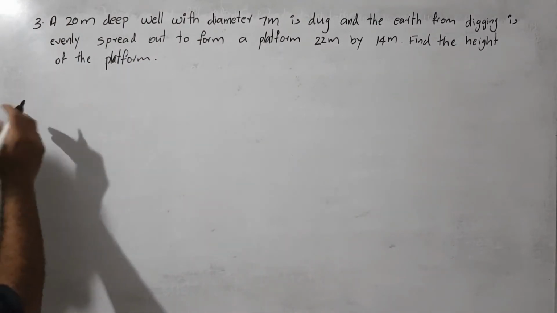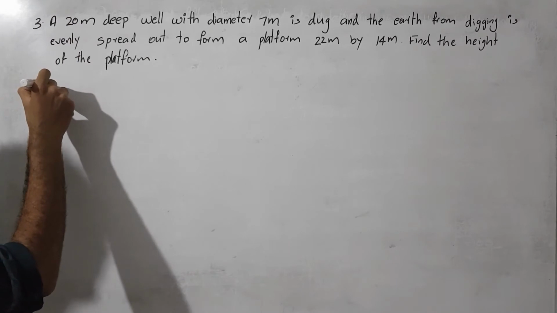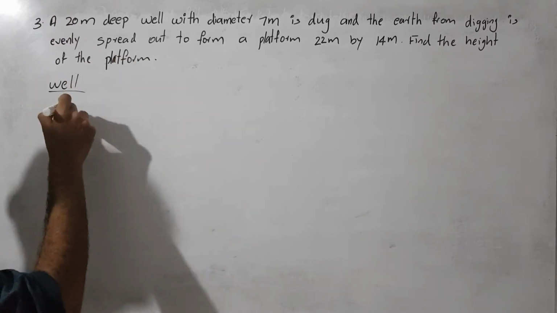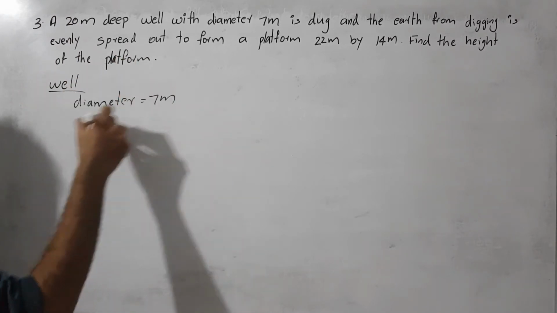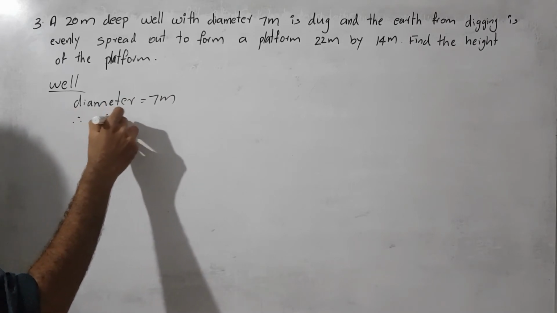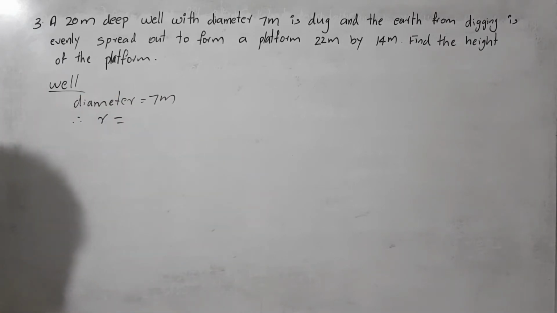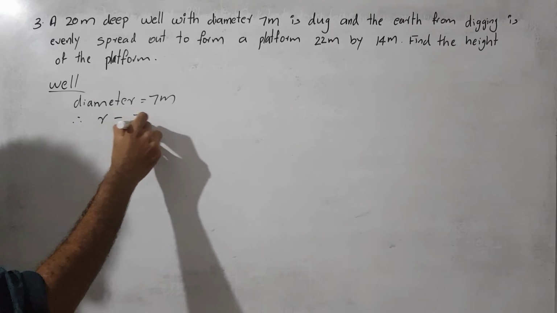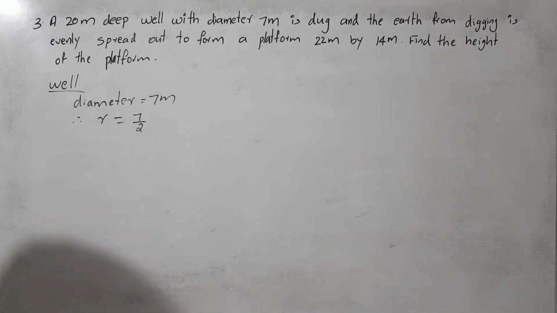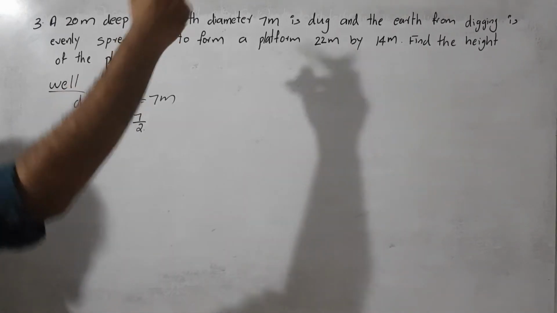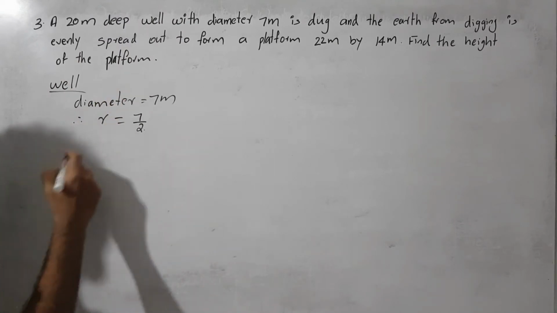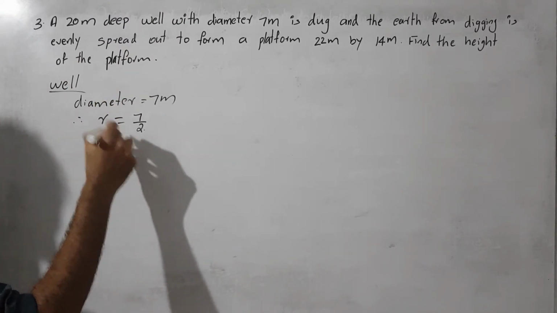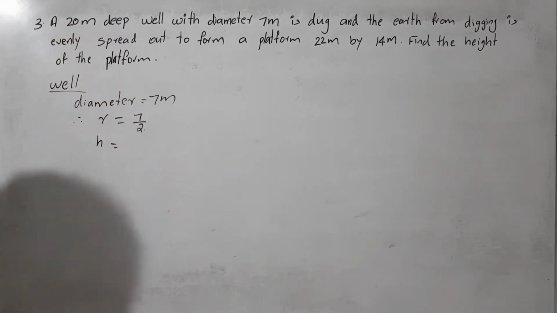In the case of the well, what is the diameter? 7 meter. Therefore radius is 7 by 2. Now we keep it like this, 7 by 2. The next, what is the height of the well? The height of the well is given as the depth, correct?